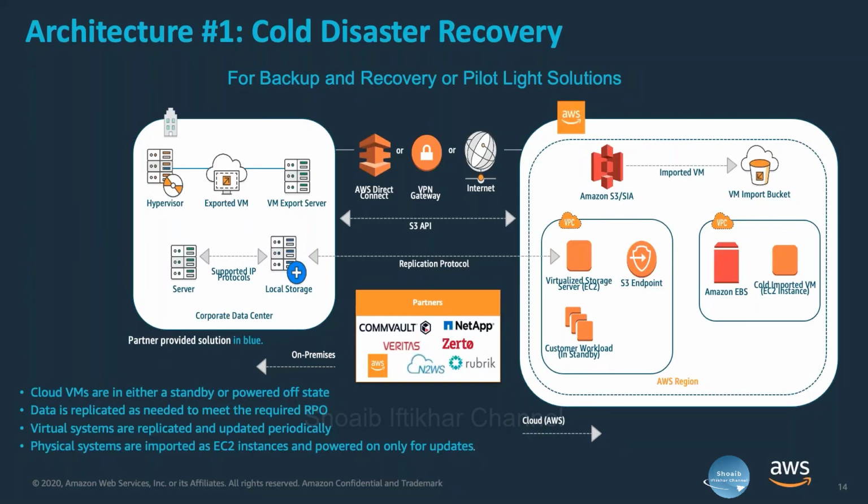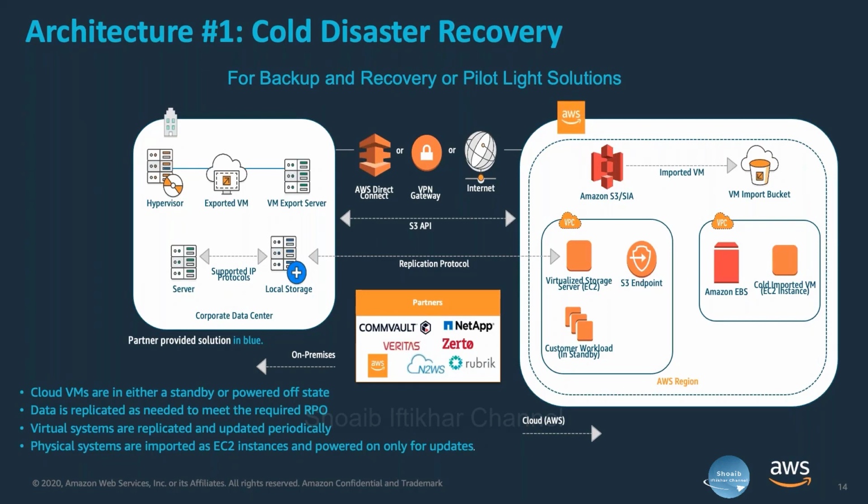So as you see there, you can replicate to S3, and there's Amazon Elastic Block Store, EBS, and you have a cold VM over there as an EC2 instance. And that would be restarted or started in the event of a real disaster. So that's warm backup and recovery or pilot light solutions.